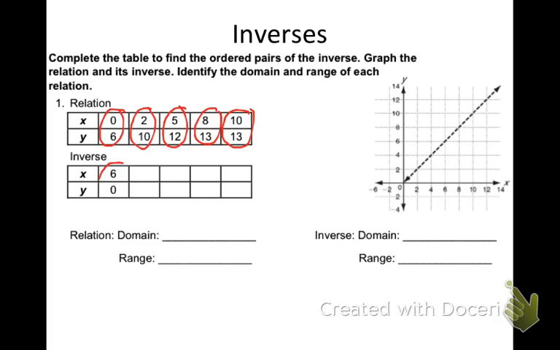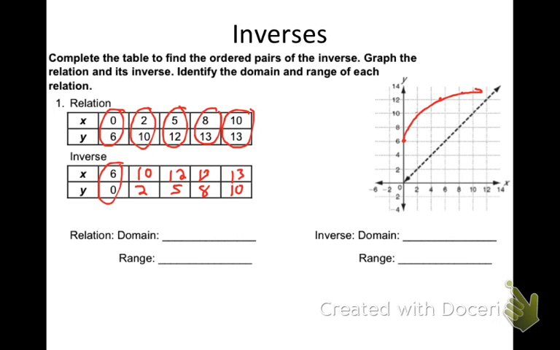So I get the ordered pair 6, 0. Then I get the ordered pairs 10, 2, 12, 5, 13, 8, and 13, 10. And if I wanted to, I could graph those. I had 0, 6, 2, 10, 5, 12, 8, 13, and 10, 13.